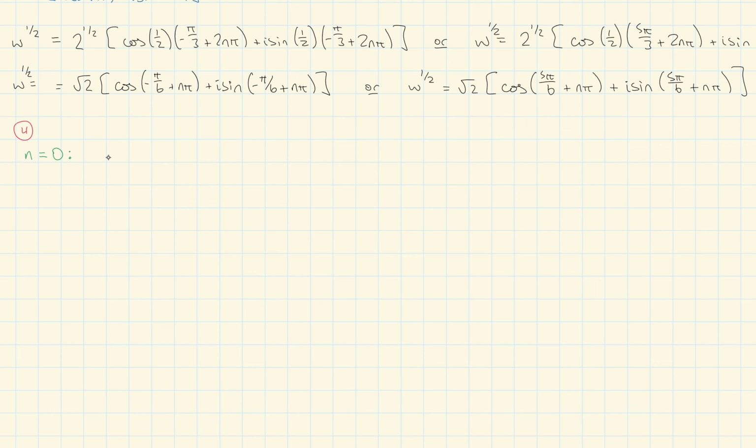So that'll be root 2 cos of minus pi over 6 plus 0 times pi plus i sine minus pi over 6 plus 0 times pi.